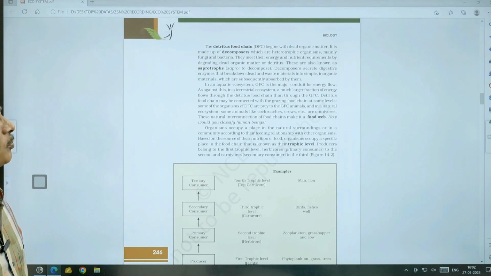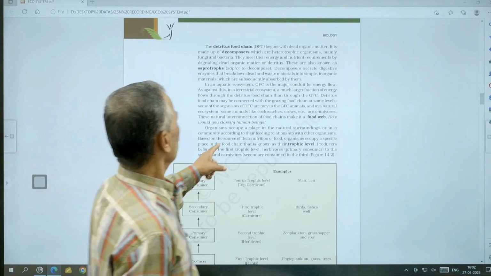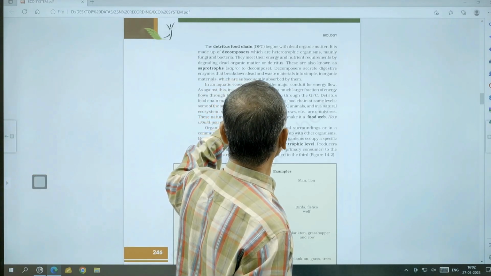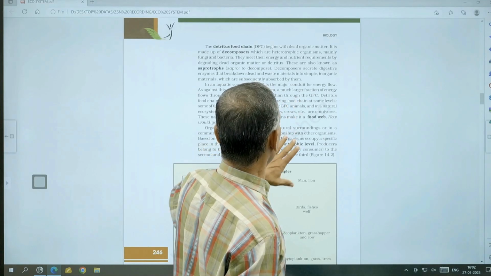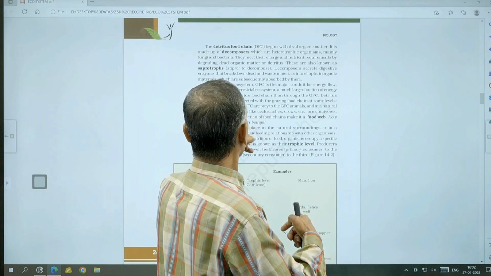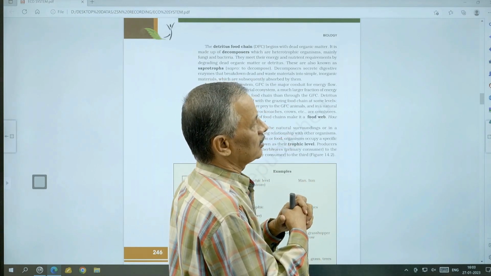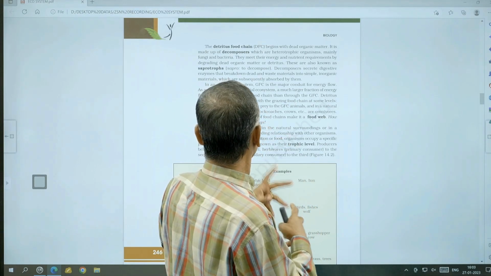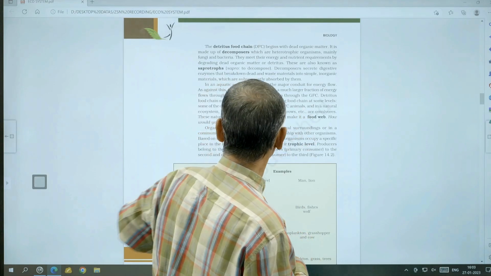That starts from plants, and by grazing, the energy reaches the animals. The detritus food chain will be connected with the grazing food chain at some levels. So we have omnivores, which connect different food chains together. Thus, we have the food web.